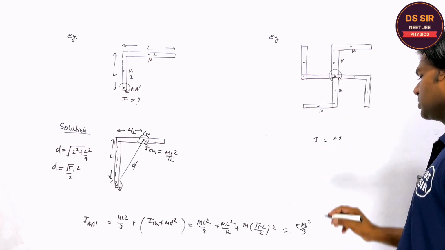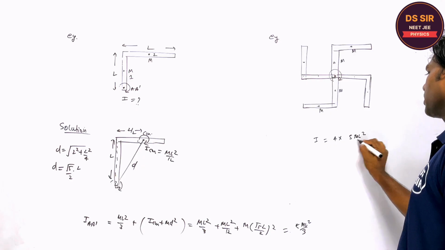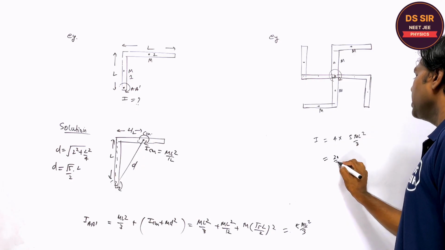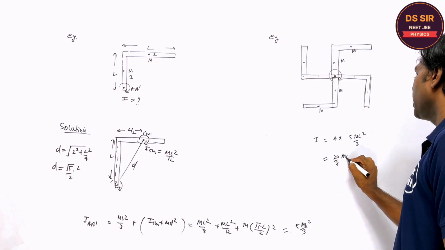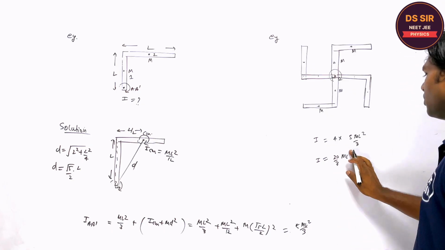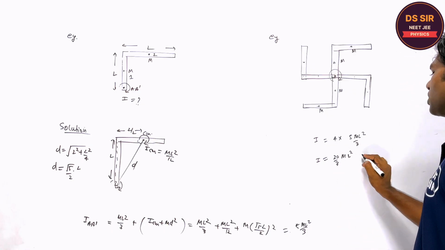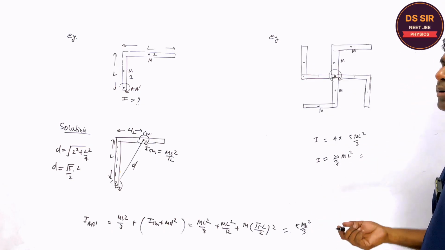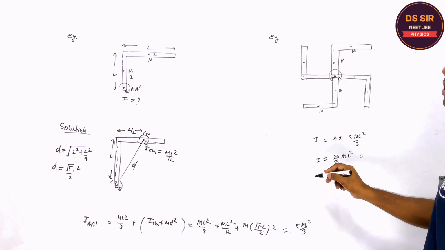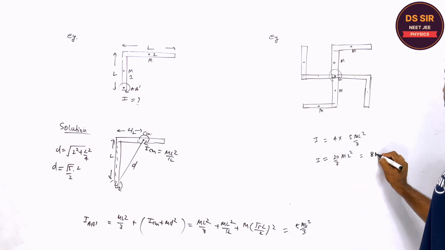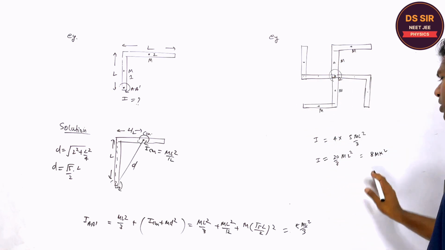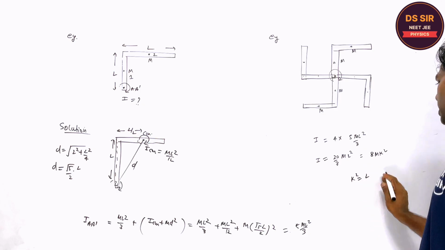Say, 4 times 5 into ml square by 3. And when they ask the radius of gyration, it is very simple. What you have to do is put m k square. But what is the total mass of the system now? It is 8m into k square. So the k square is equal to L.